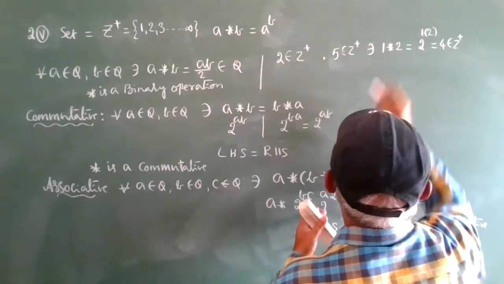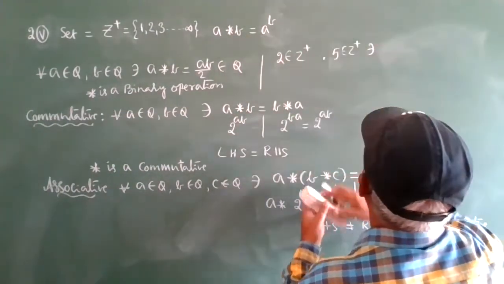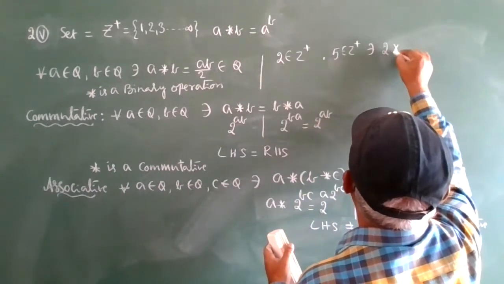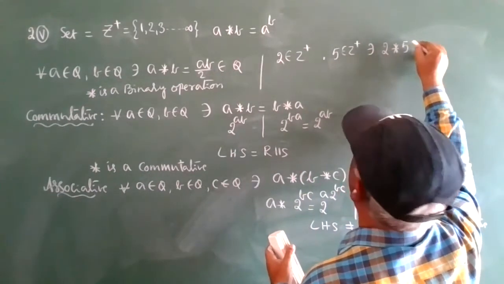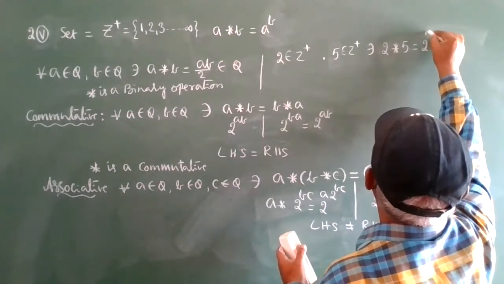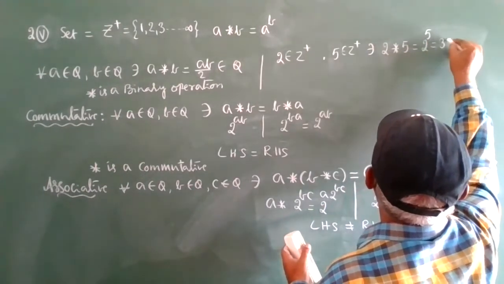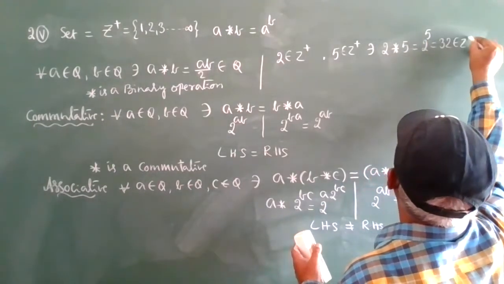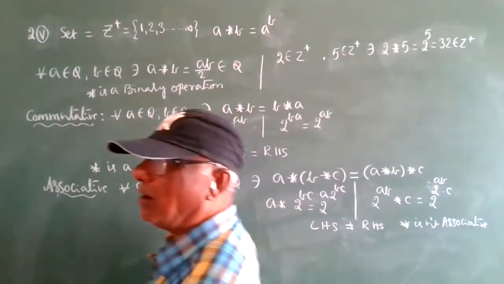So 2 star 5, first element to the power of second element, that is equal to 32 belongs to Z plus. Therefore, star is a binary operation.